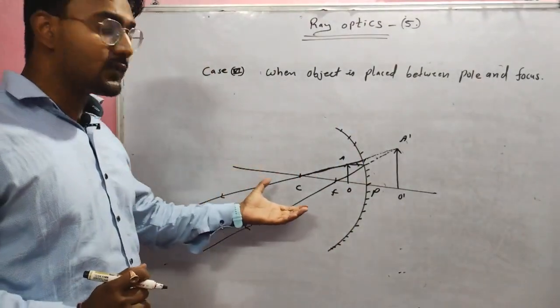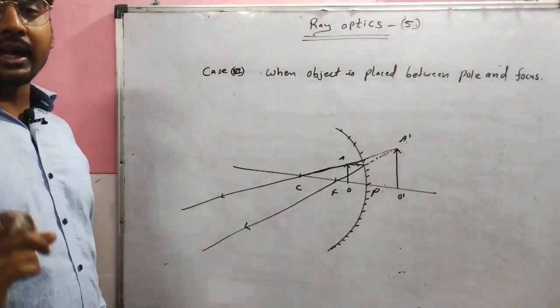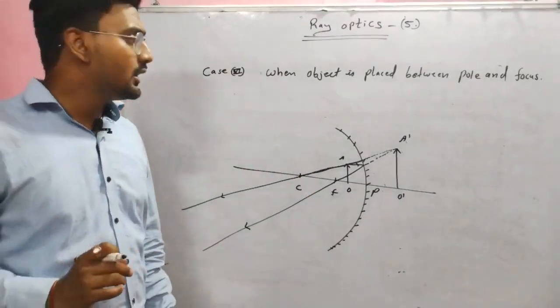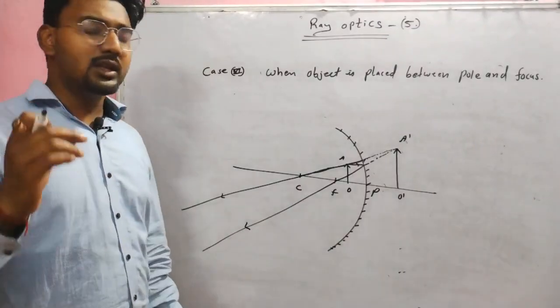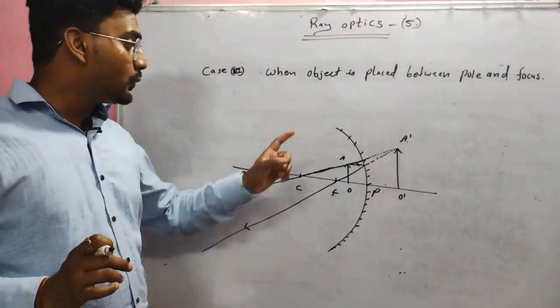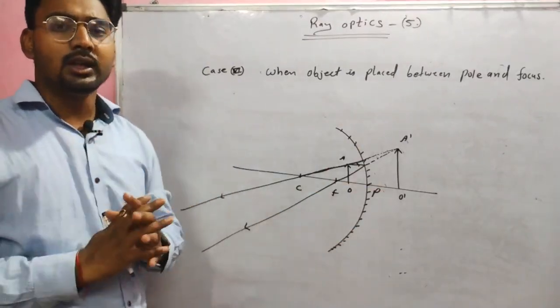In all the other cases we are getting the real and inverted image, and in real and inverted image the magnification is always negative. When we get the real and inverted image, then you always say that magnification is negative. When we get the virtual image, then we say that the magnification is positive. This is our rule.